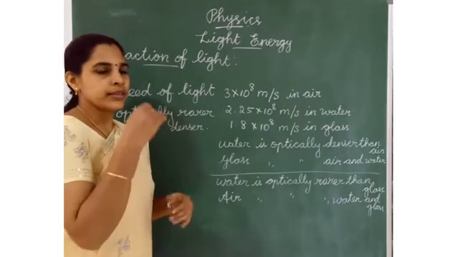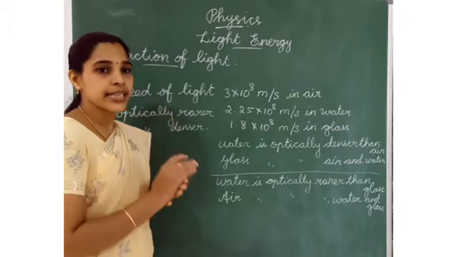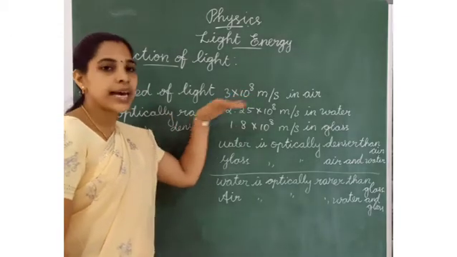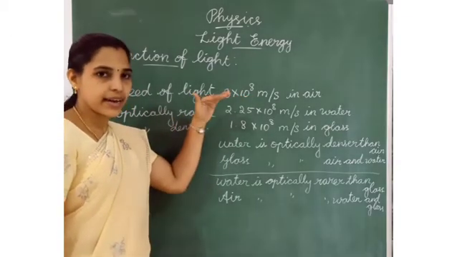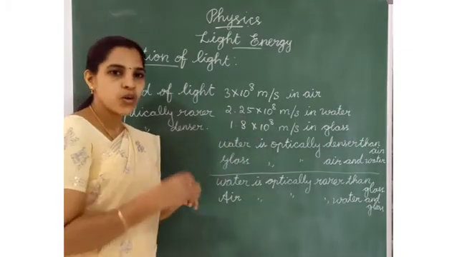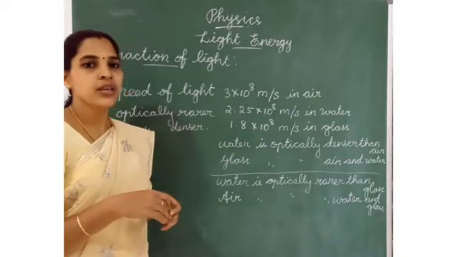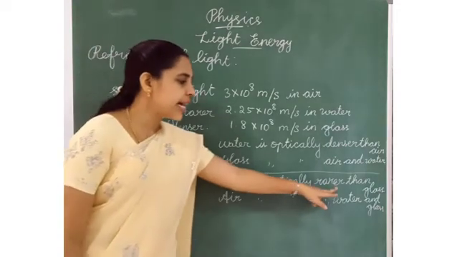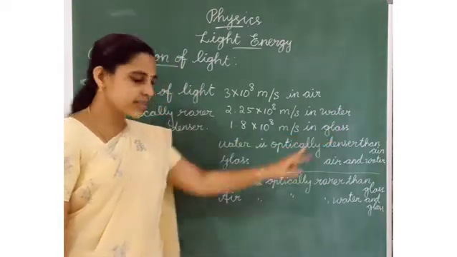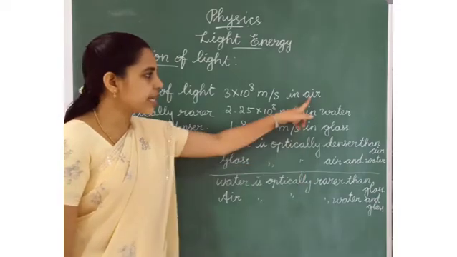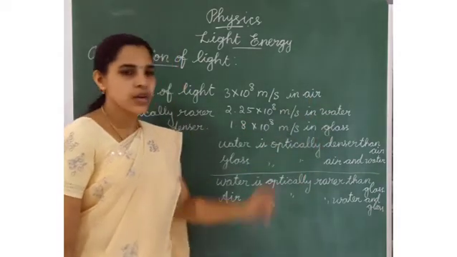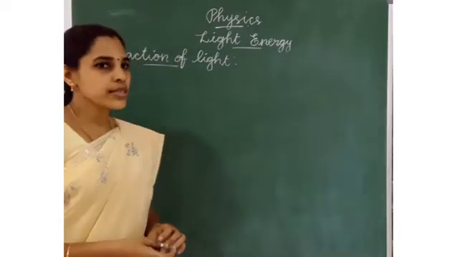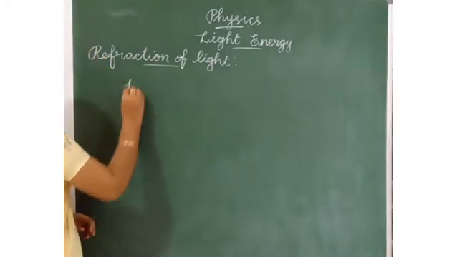The medium where the value is highest is optically rarer. The medium where the value is lowest is optically denser. So water is optically rarer than glass, and air is optically rarer than glass and water. Next one is the principle of least time.